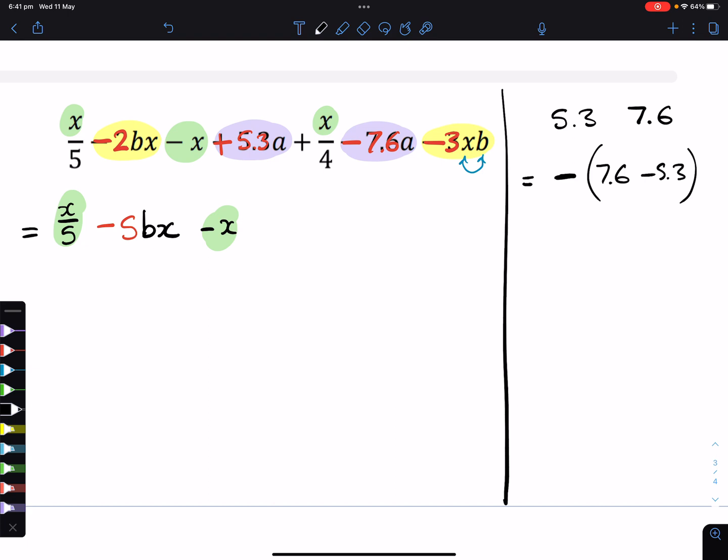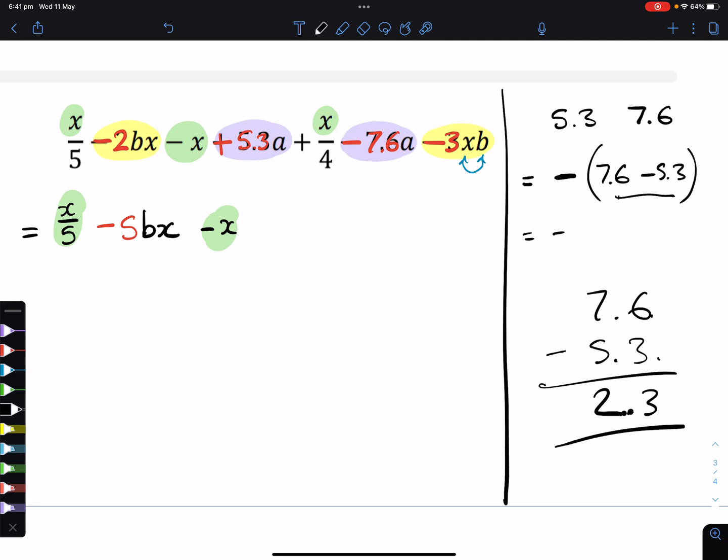Don't ask me why it works. It just does, and it's a bit of a trick. So now that it's backwards, I can solve that using the method that we're familiar with. 6 take 3 is 3, 7 take 5 is 2. So the numerical difference between these two numbers is 2.3, and we know we're going in a negative direction.